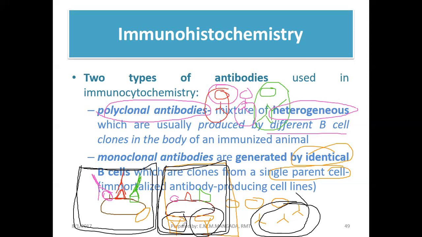So guys, anong implication nito? The use of your polyclonal antibodies is what? Less specific than your monoclonal antibodies. So ulitin ko, your use of polyclonal antibodies makes the test non-specific or less specific.